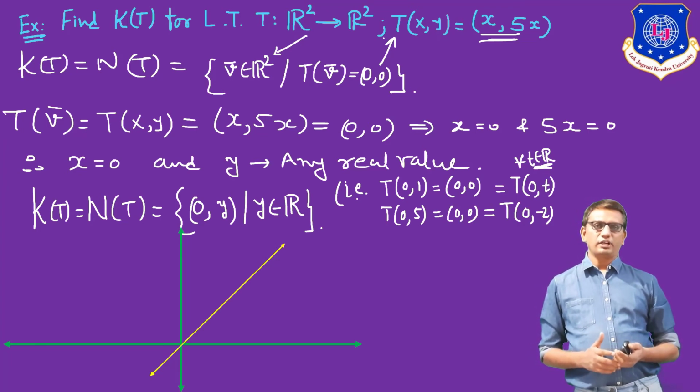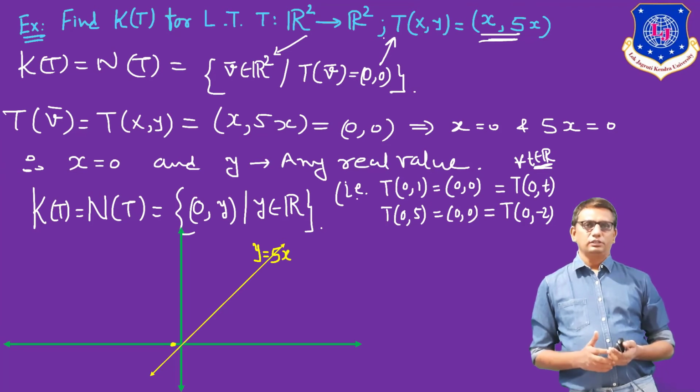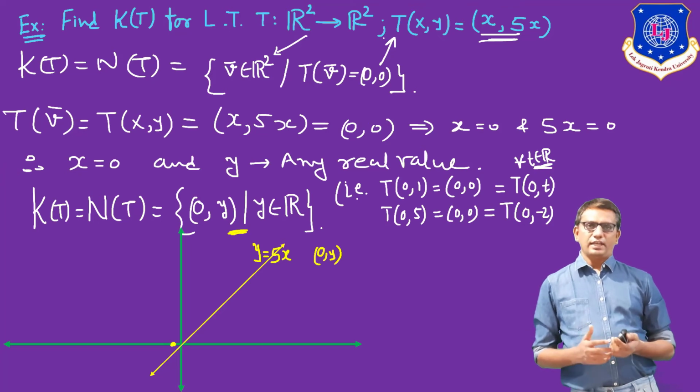Here we will see the geometrical concept. This is our y equal to 5x line. In the y equal to 5x line, x is 0 and y is any real number.